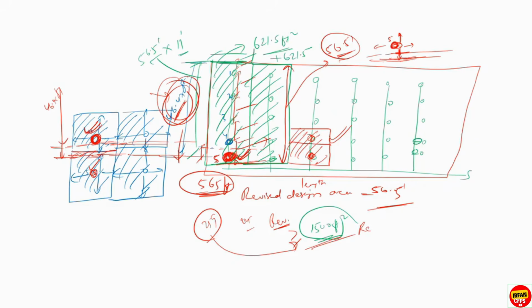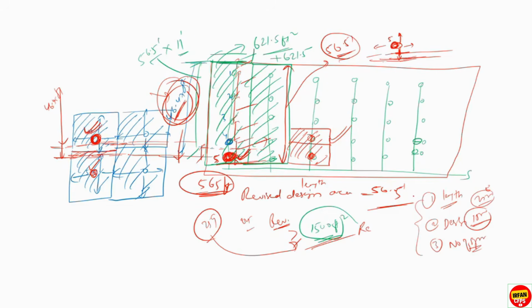So whenever you are considering non-uniform sprinkler spacing, the steps are: calculate the length of the design area, and then based on the design area, 1500 square feet, or 2500 square feet for extra hazard, you calculate the number of sprinklers.